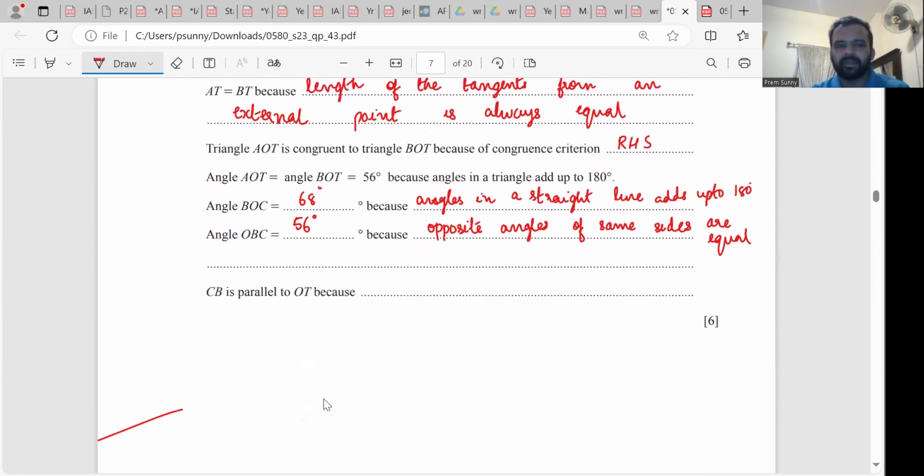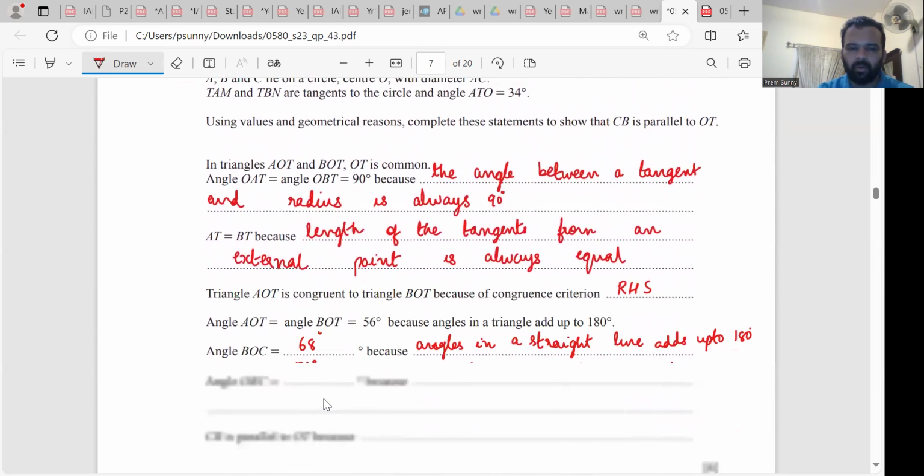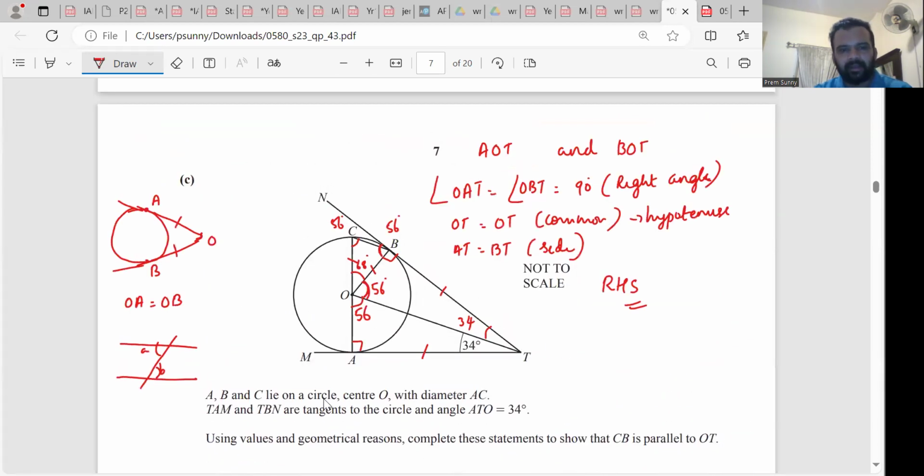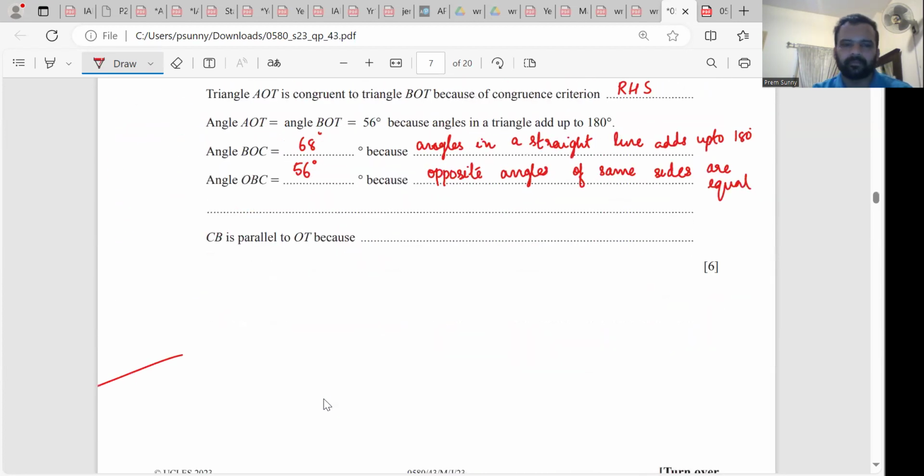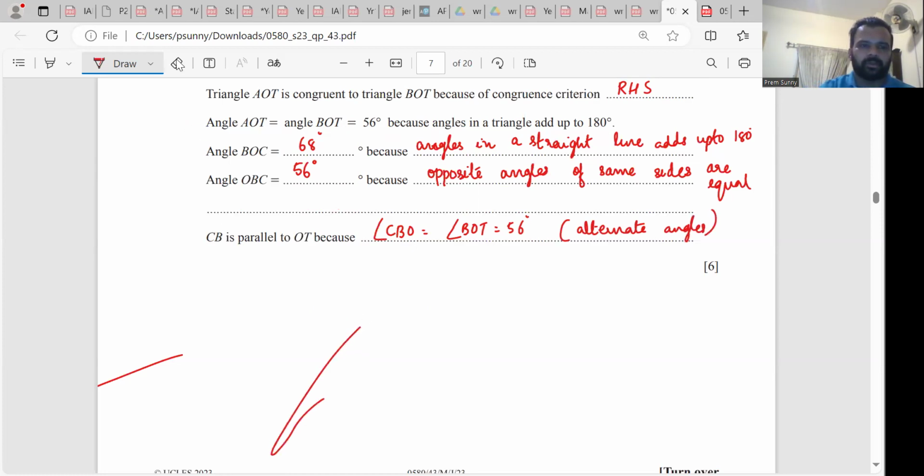So CB is parallel to OT because angle CBO is equal to angle BOT. Both of them are 56 degrees and both of them are alternate angles. So I think we are done with question number 4 here.